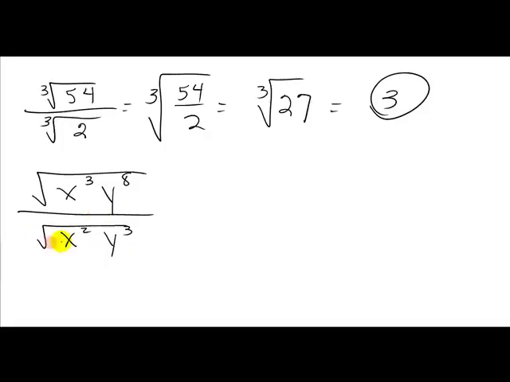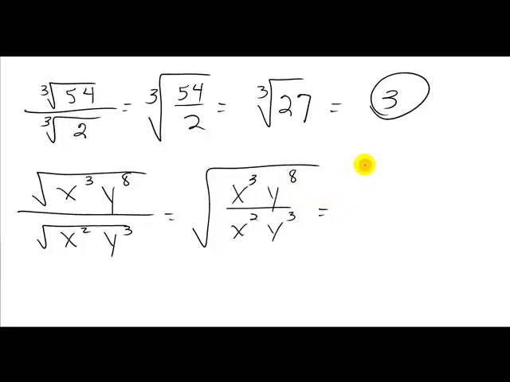Now at this point I could simplify this x squared, but I still want to do the same method I've got going on here. I want to stick everything underneath and then simplify. So underneath I'm going to have x. We've got those quotient rule, exponent rules going on. 3 minus 2, 8 minus 3.